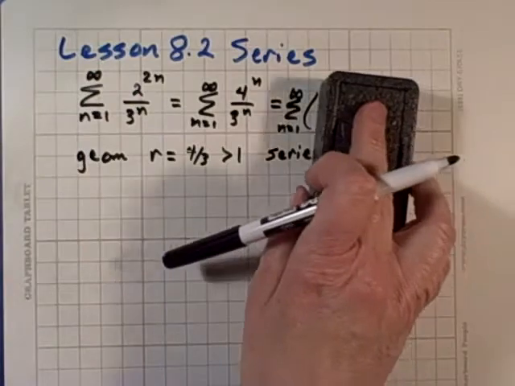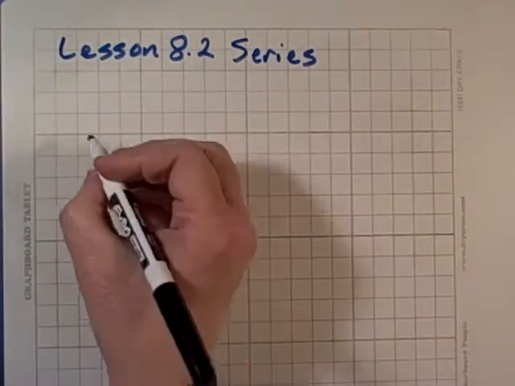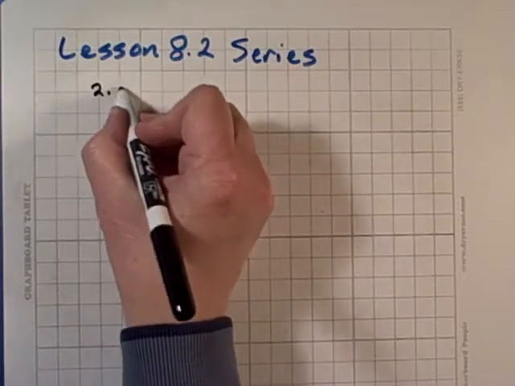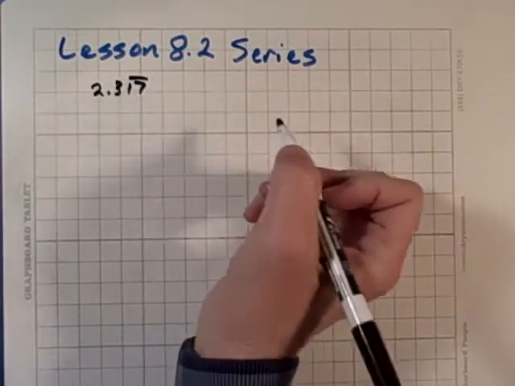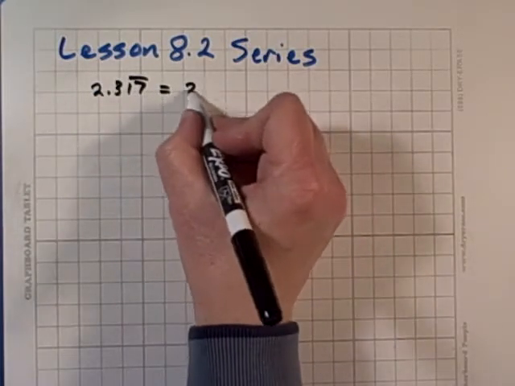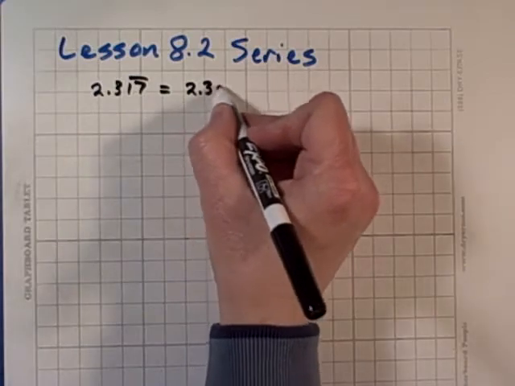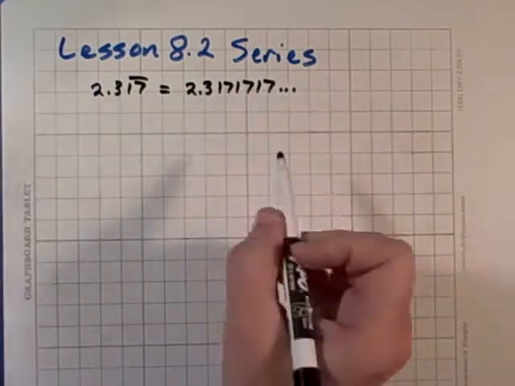Another geometric would be a repeating decimal. 2.317 repeating. As a decimal, it's 2.3171717, and so on.